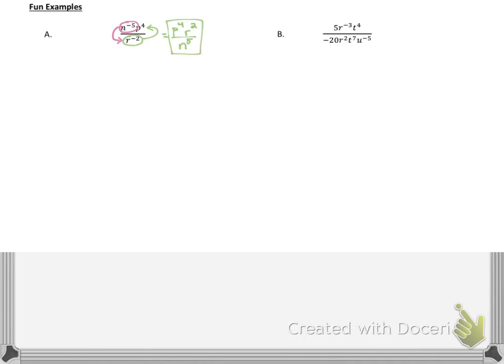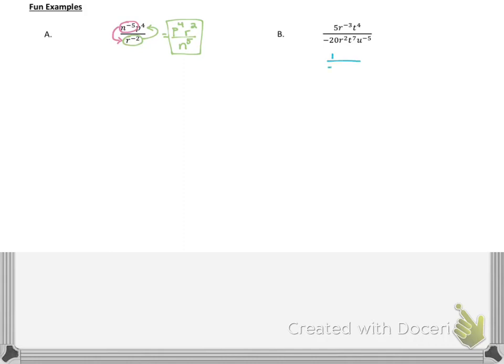Part B, we have to look at these a little bit separately. Imagine here, 5 over negative 20, we can simplify that. R to the negative third divided by r squared, we've got to simplify that. T to the fourth divided by t to the seventh, we've got to simplify that. Now u to the negative 5, since that's a negative exponent, we have to simplify that. 5 over negative 20 simplifies to 1 over negative 4.